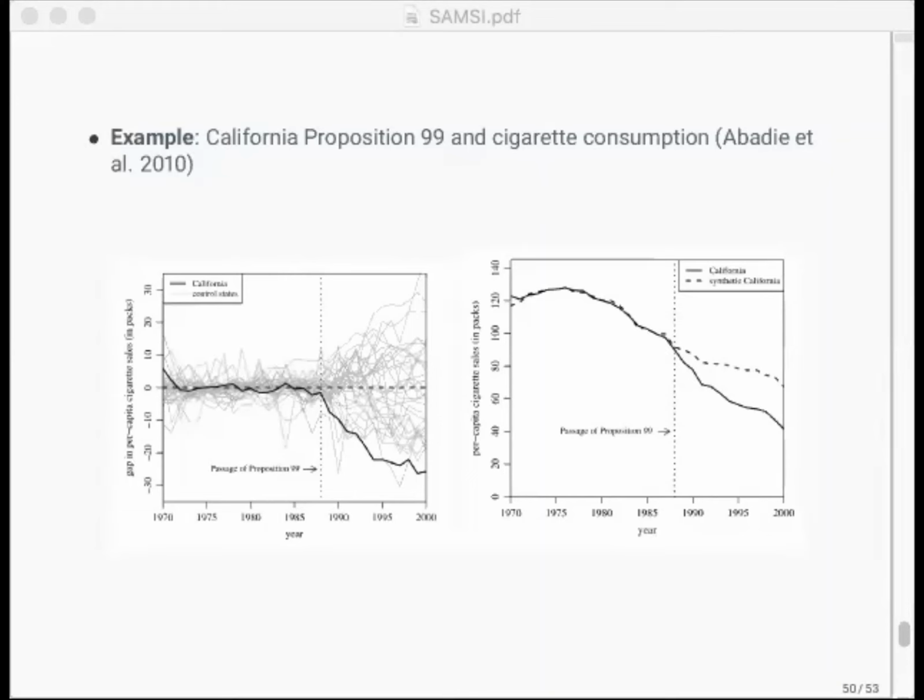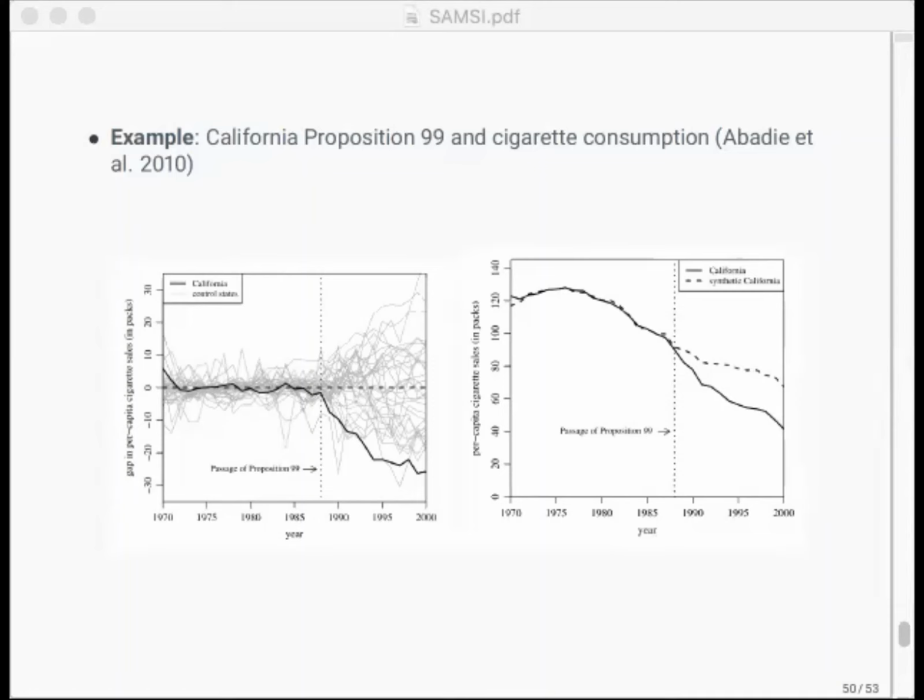In a famous example, Abadie et al. used synthetic control analysis to look at the effect of the passage of Proposition 99 in California, which was a tobacco control package of legislation, on tobacco consumption in California.